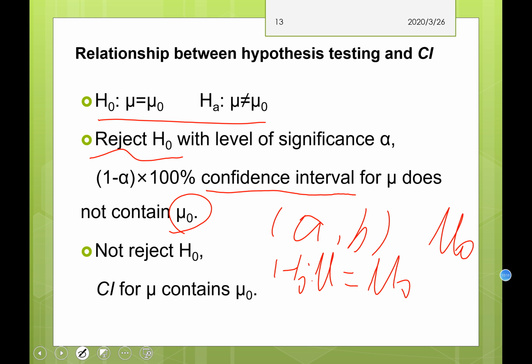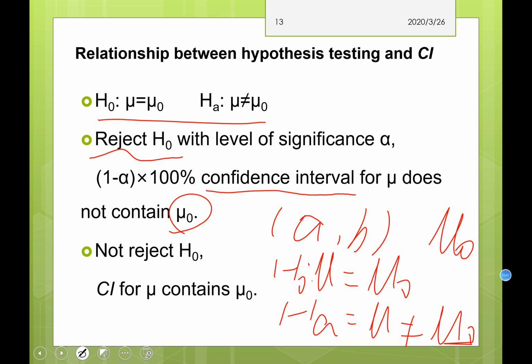But if the range does not contain mu 0, that is the same as HA, mu is not equal to mu 0. So that means there is a very special relationship between hypothesis testing and confidence interval.